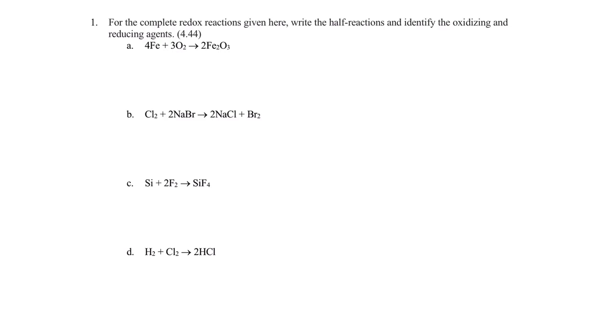Letter A, I have a formation reaction or combination reaction between iron and oxygen in which iron 3 oxide is created. My 4 iron atoms will lose electrons to become 3 plus ions. It's a total of 12 electrons, and those 12 electrons are gained by the oxygen molecules to create 6 oxide ions.